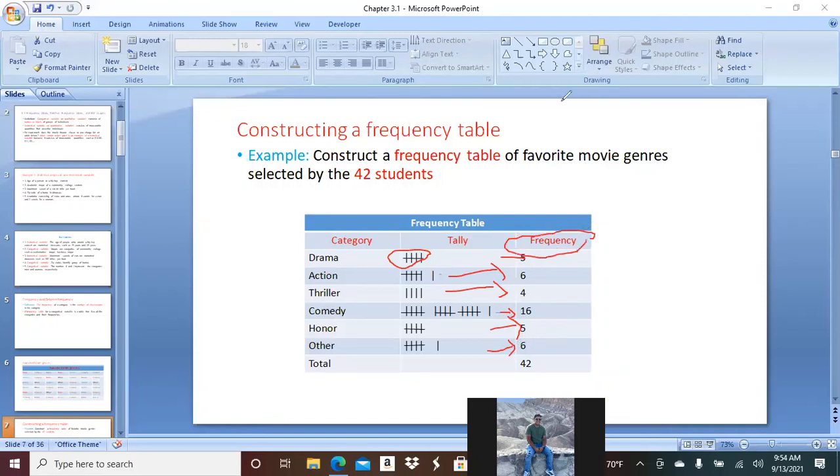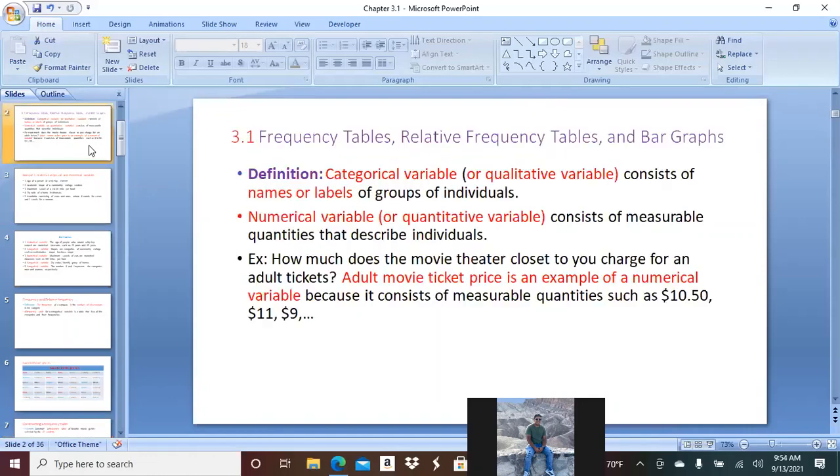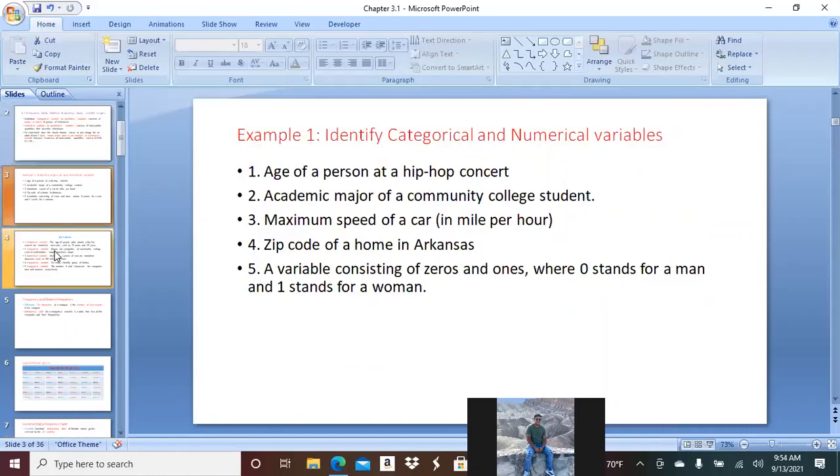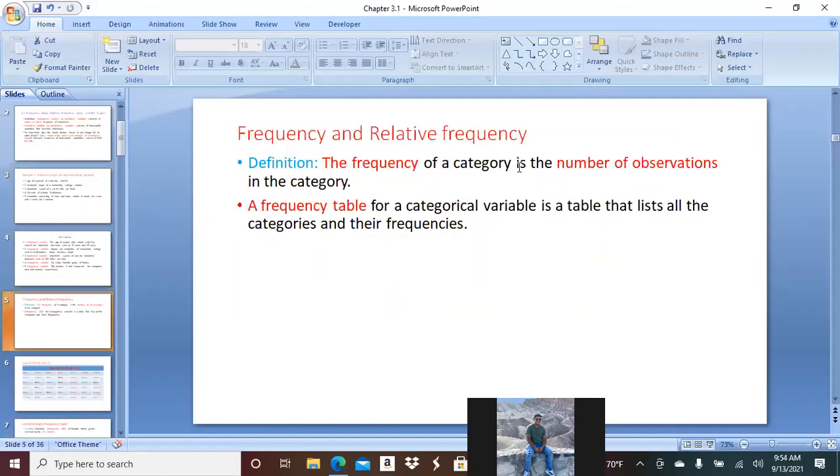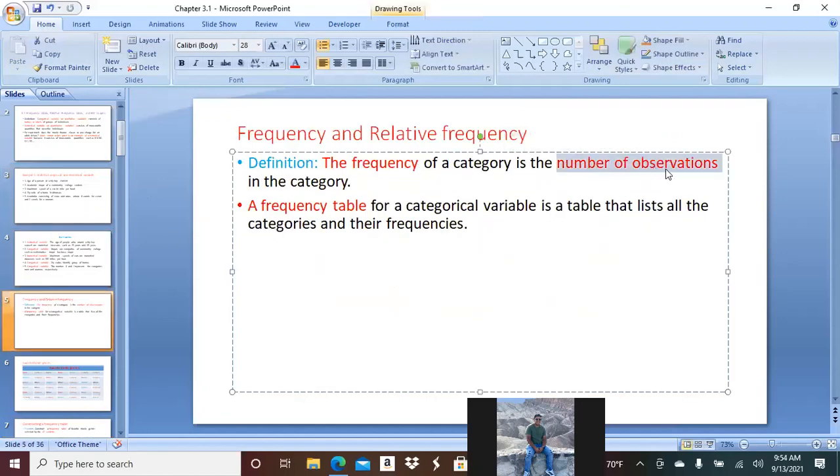Frequency is the number of observations in the category, right?